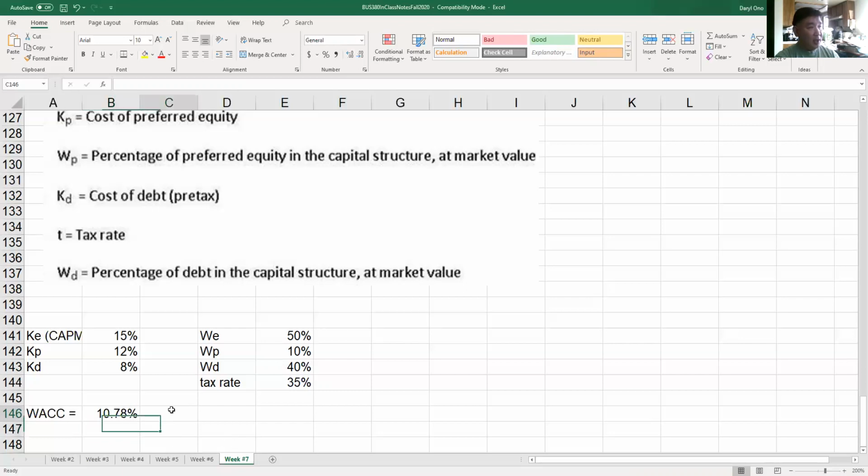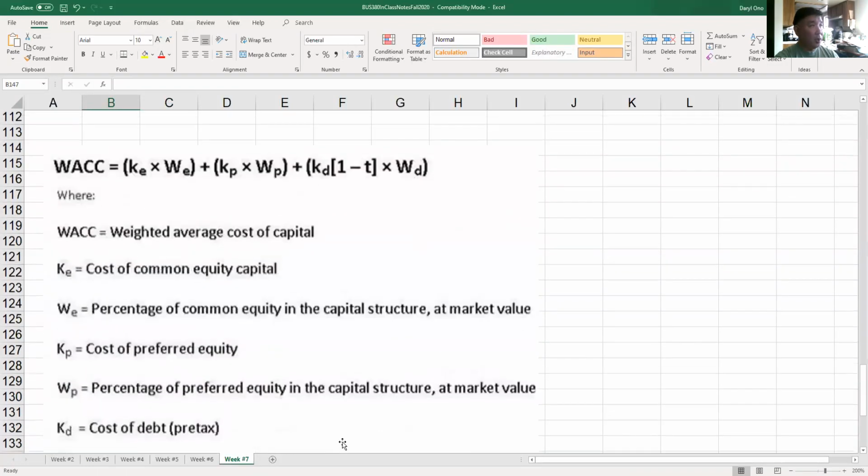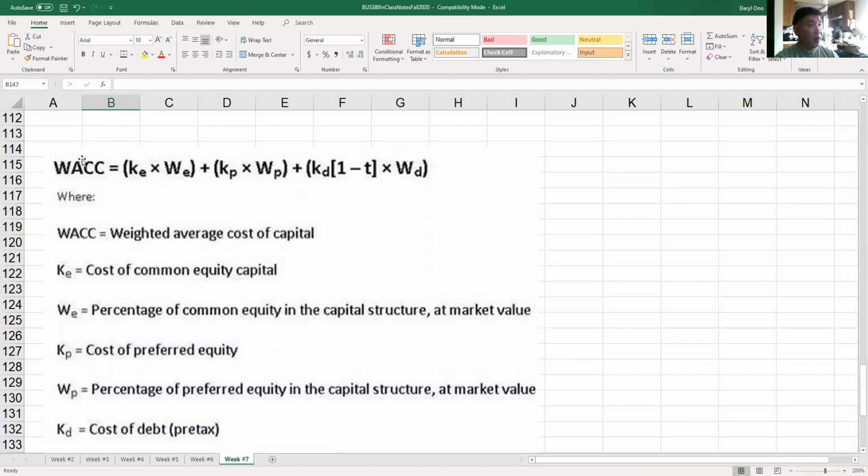And again, this formula here is this one right here. I think you were asking at the very beginning, where's the formula for the weighted average cost of capital? Here it is right here.